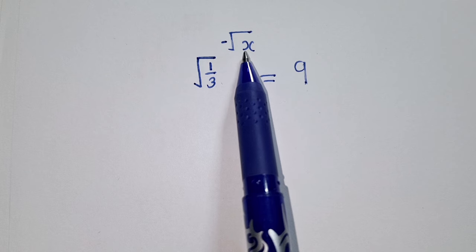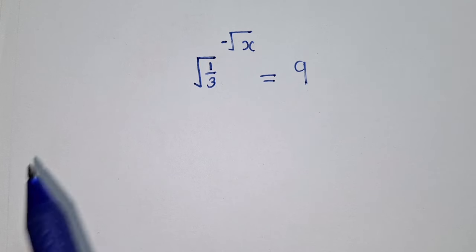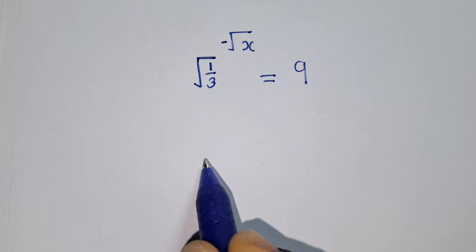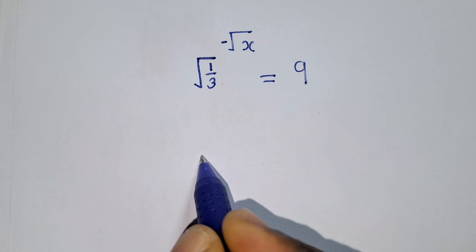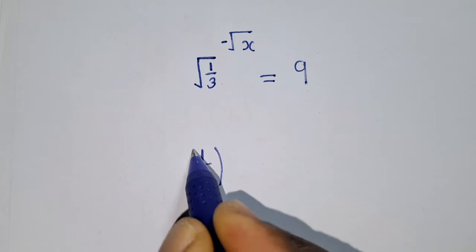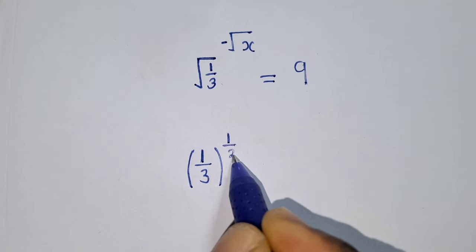We need to find the value of x. How do we find the value of x in this case? All right, so we're going to write the square root as a power of 1 over 2.